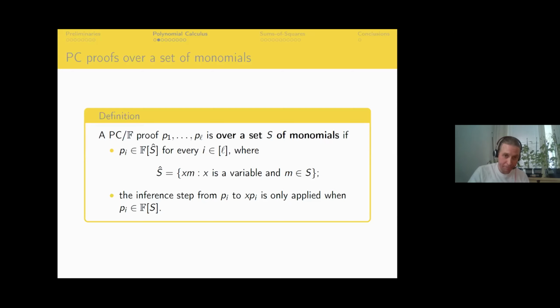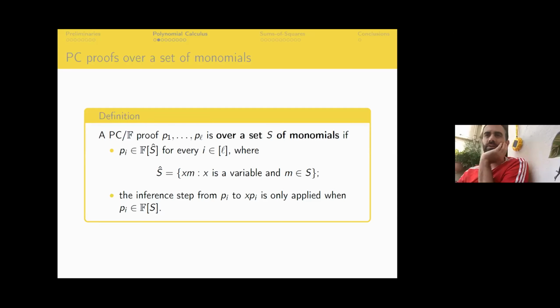And this inference step of lifting by a variable is only applied when the antecedent is a polynomial containing only monomials from the original set S. So this is a generalization of a PC proof of degree D. Basically, a PC proof of degree D is just a PC proof over the set of all monomials of degree D minus 1.